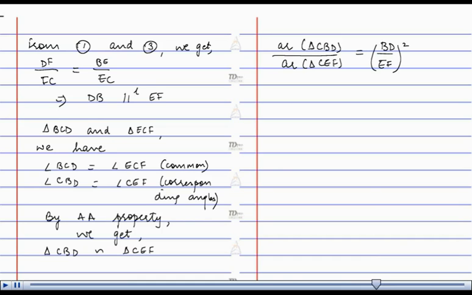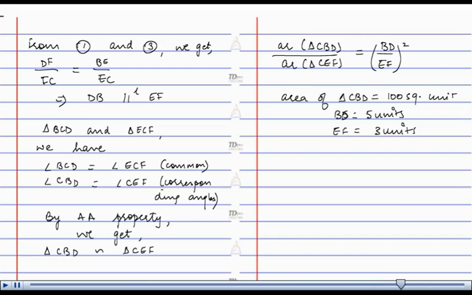Now, in the question, we have been given that area of triangle CBD is equal to 100 square units, BD is equal to 5 units, and EF is equal to 3 units.